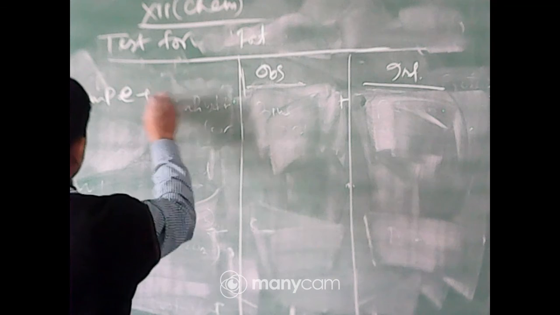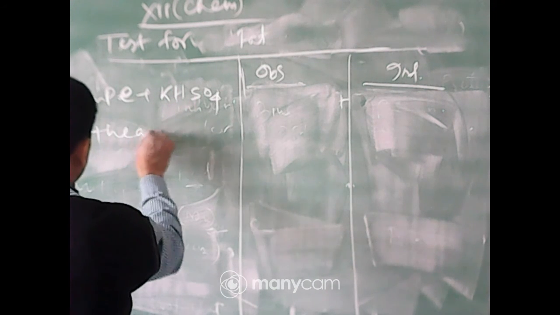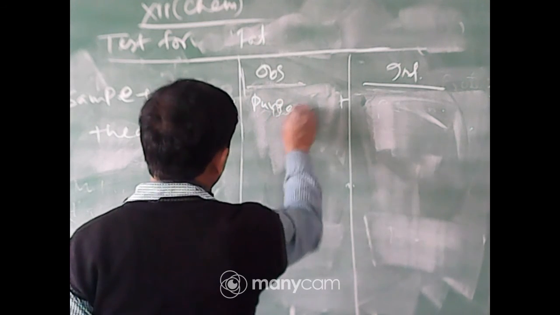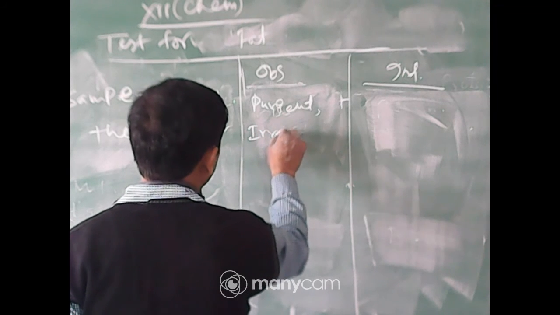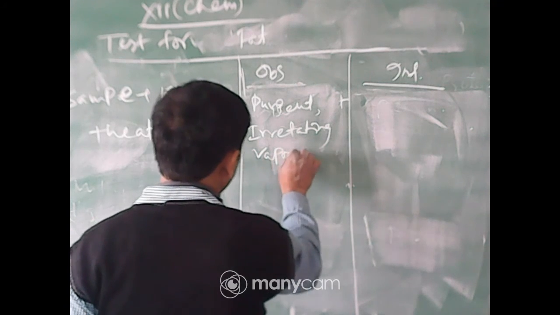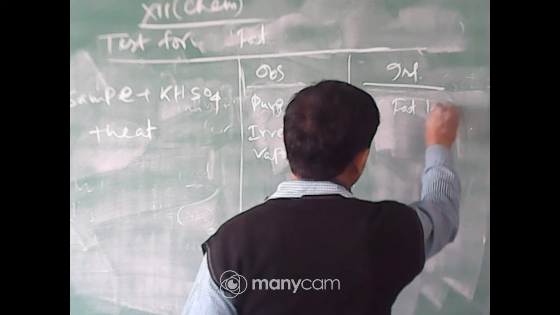Sample plus KHSO4 plus heat, pungent irritating vapor formed, that is, fat is present.